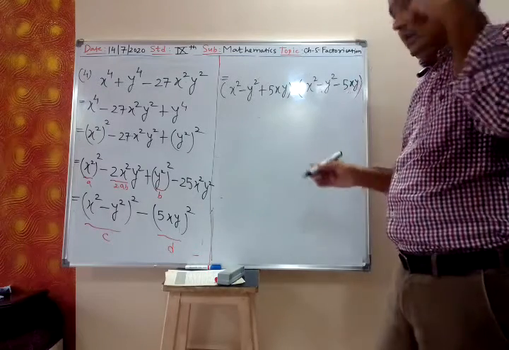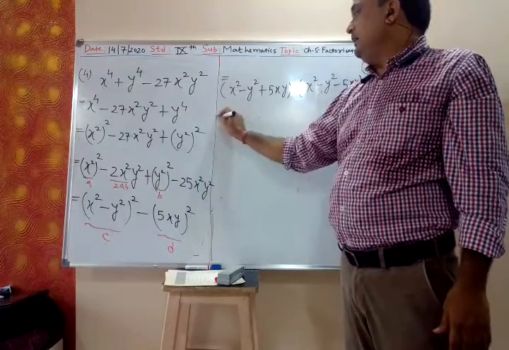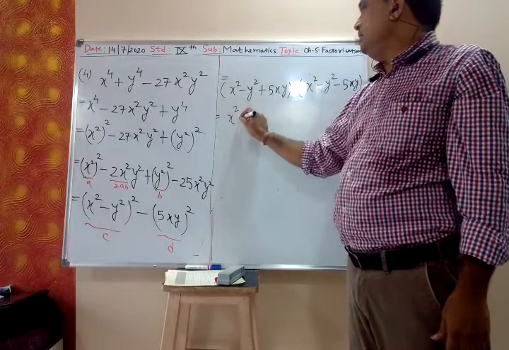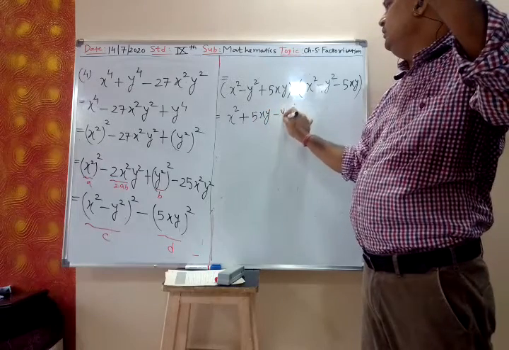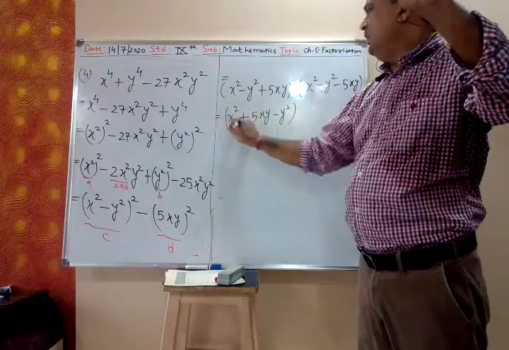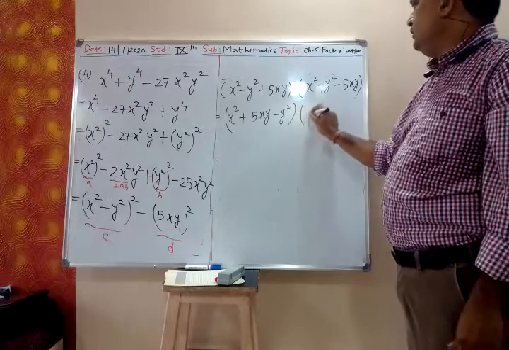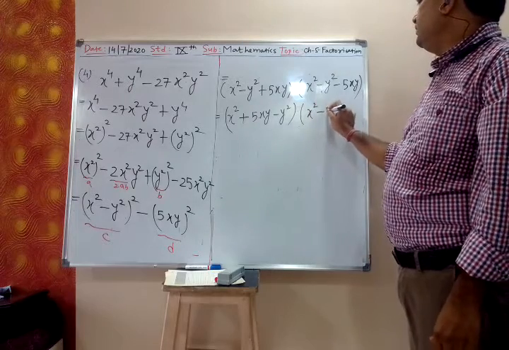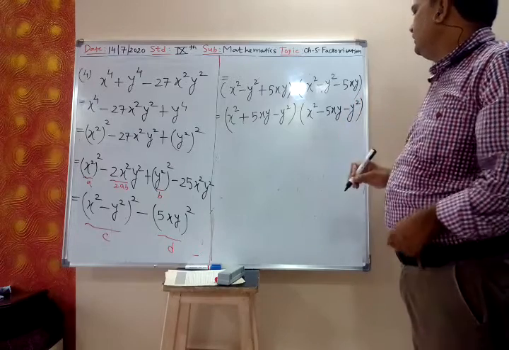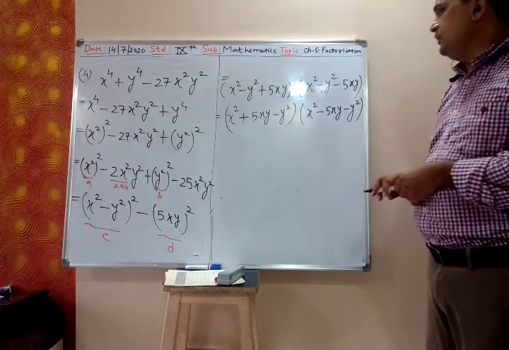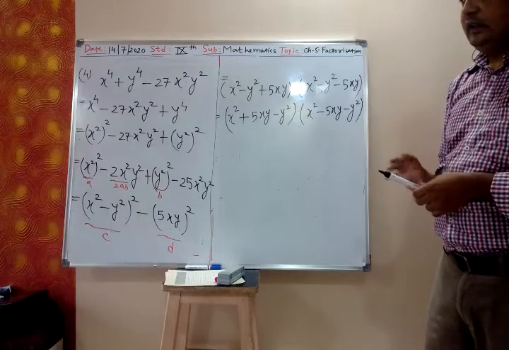Now these are quadratics. We have to check whether they are further factorizable or not. This is x square plus 5xy minus y square, into x square minus 5xy minus y square. Is it clear?